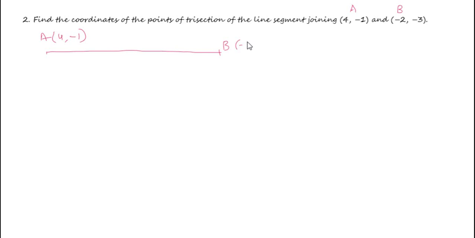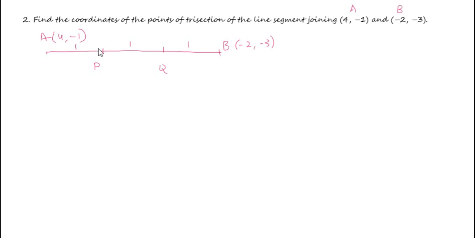This is (minus 2, minus 3). You have to find the points of trisection. Trisection means line AB has to be divided into 3 equal parts. These points are P and Q. If this is 1, this is also 1, this is also 1.